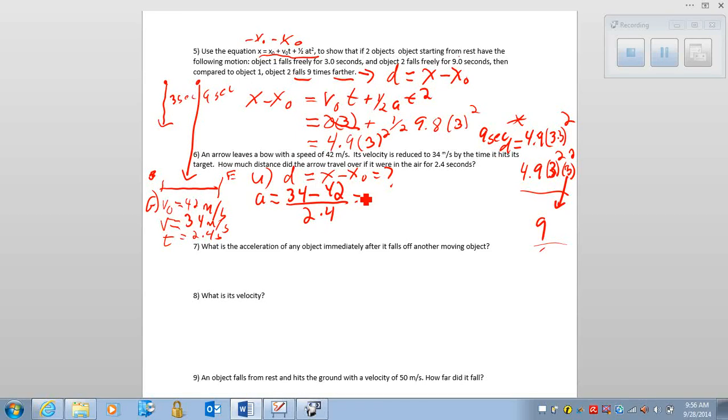Okay, so that number is a negative 3.3. I'm going to round it off to 2 significant figures, and that's in meters per second squared.